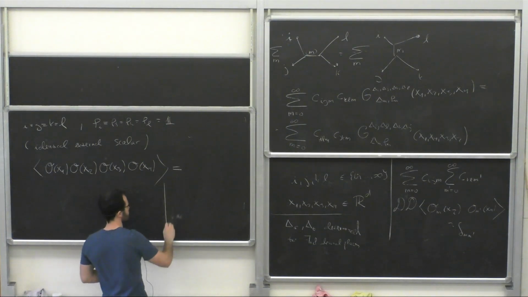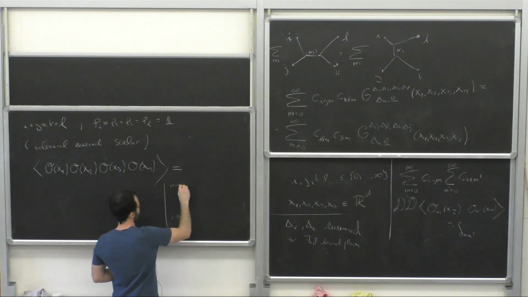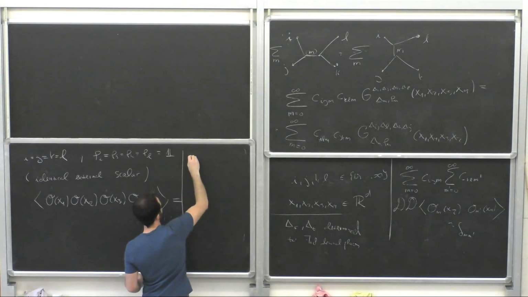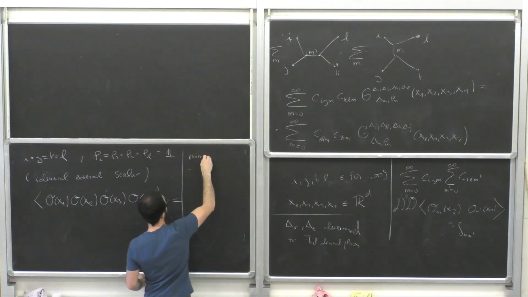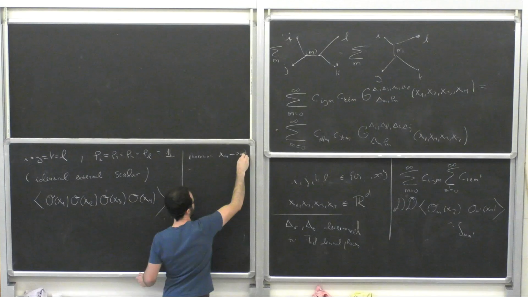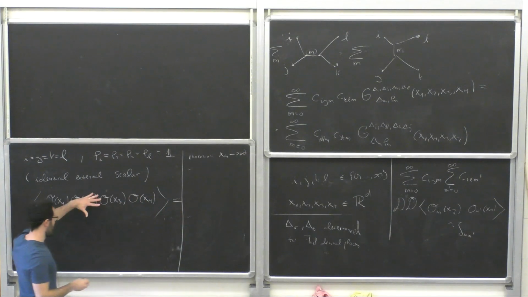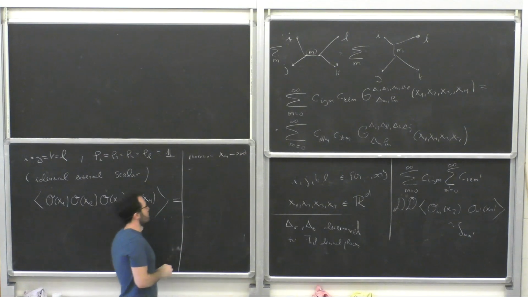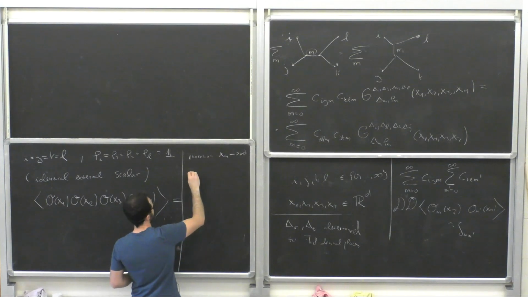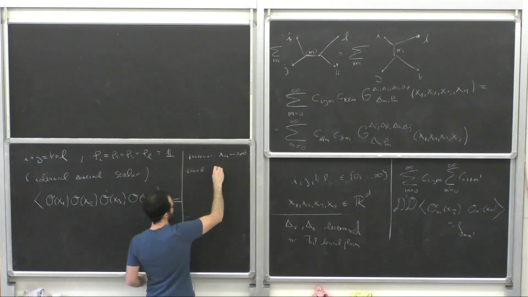We can use the inversion, or special conformal transformation, if you wish. We can arrange x4 to go to infinity, and the 4-point function doesn't change. Then we can use translations to send x1 to the origin.